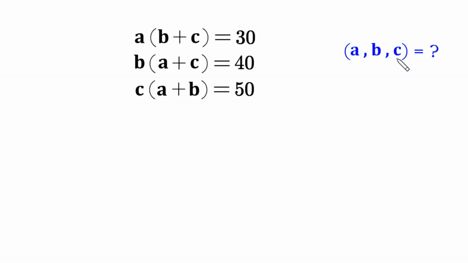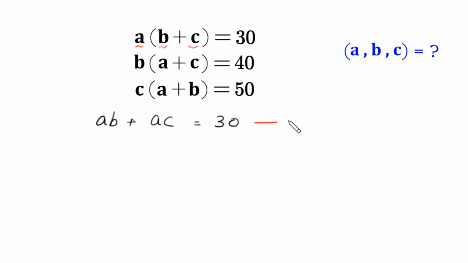So let's start. First of all, we multiply this a by this b and this c. Then this equation will become a times b, ab, plus a times c, ac, is equal to 30.